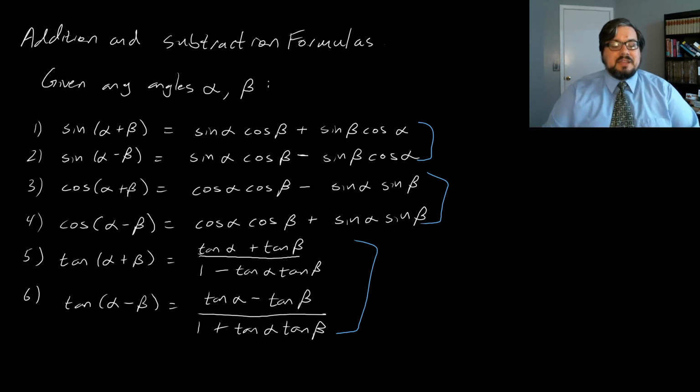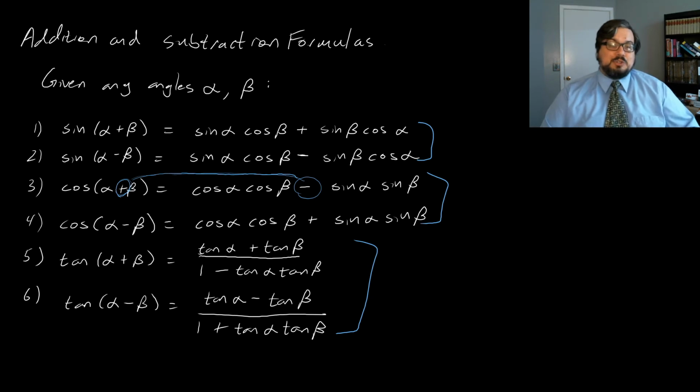A couple things to point out that are slightly counterintuitive, or it's not the very first thing you would expect, but that's helpful for remembering them, is that when working with cosine, the operation that you use in the formula is the opposite of what's going on with the angles inside.